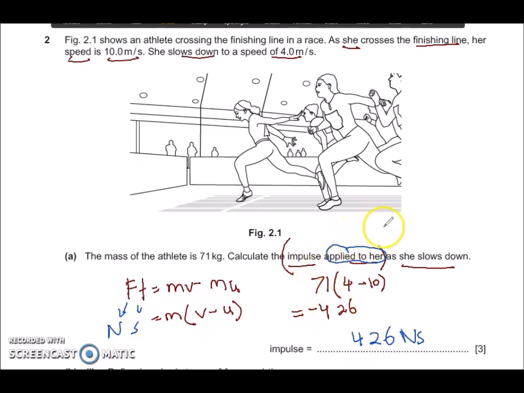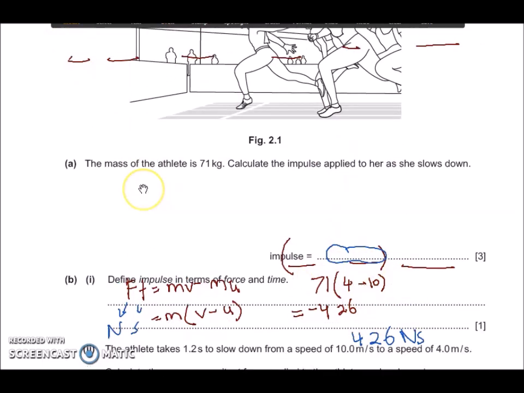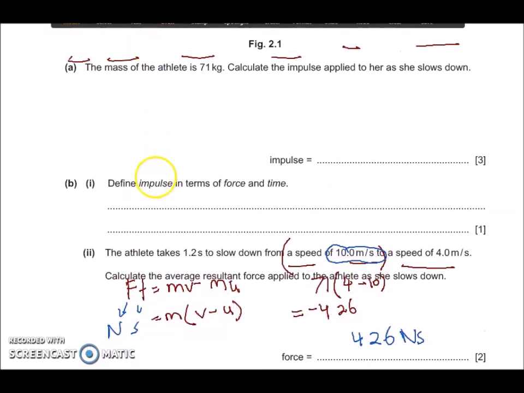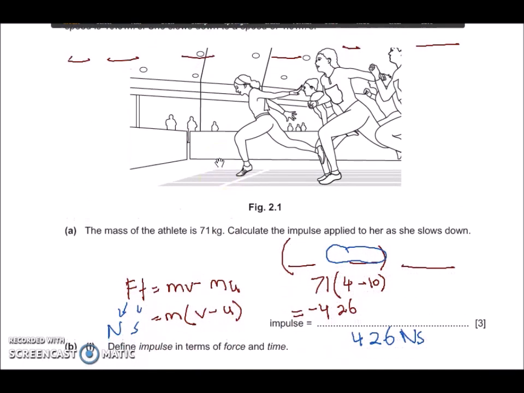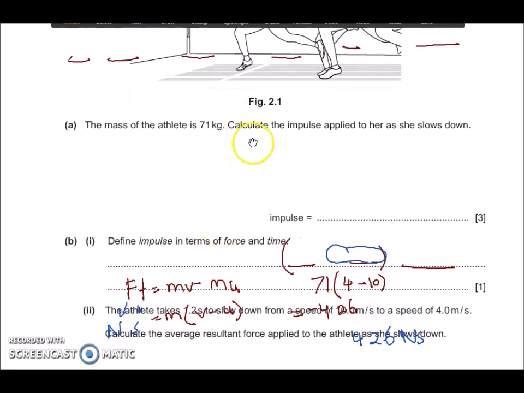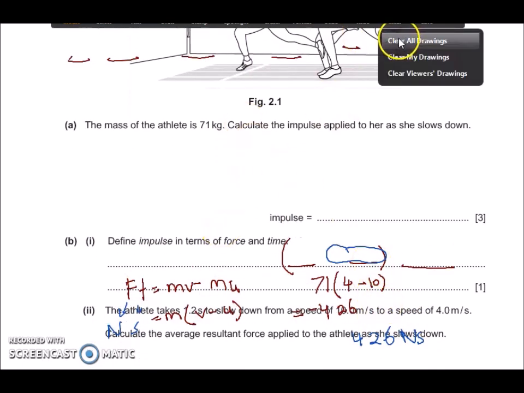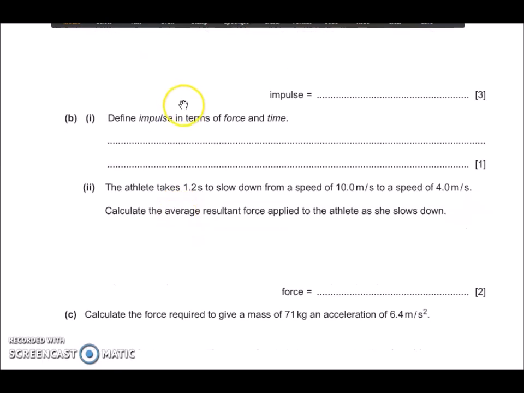Alright, so let us continue. We just remember this is 426. Now for part B, define impulse in terms of force and time. Just now I got Ft, this is the impulse.